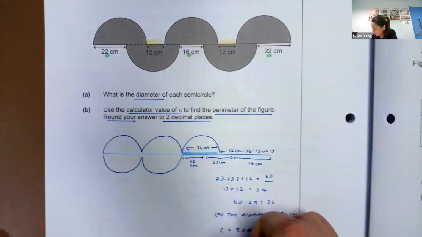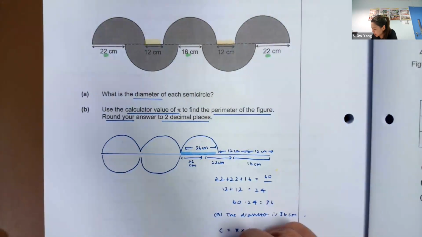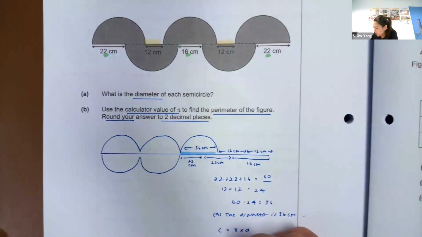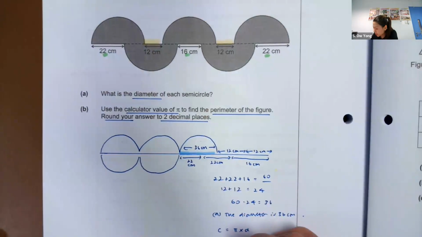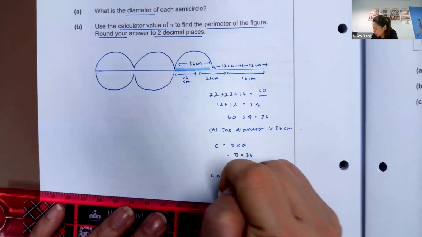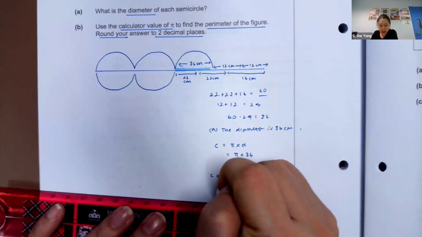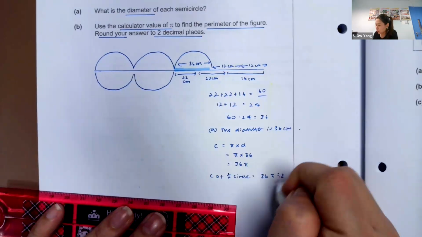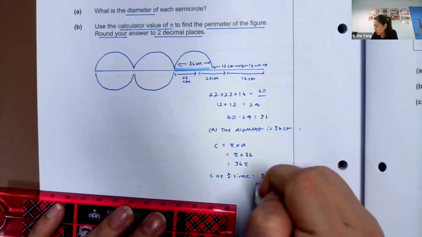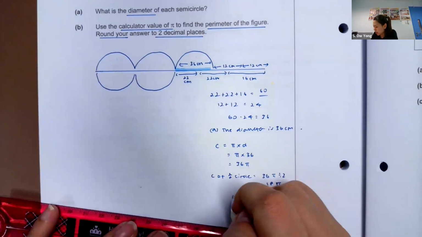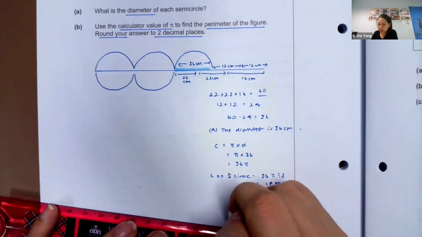You know that the diameter is 36. This is for one circle. If I want the circumference of a half circle, you will get 18 pi. This is for a half circle. Since I've got 5 semicircles, you will have 90 pi.